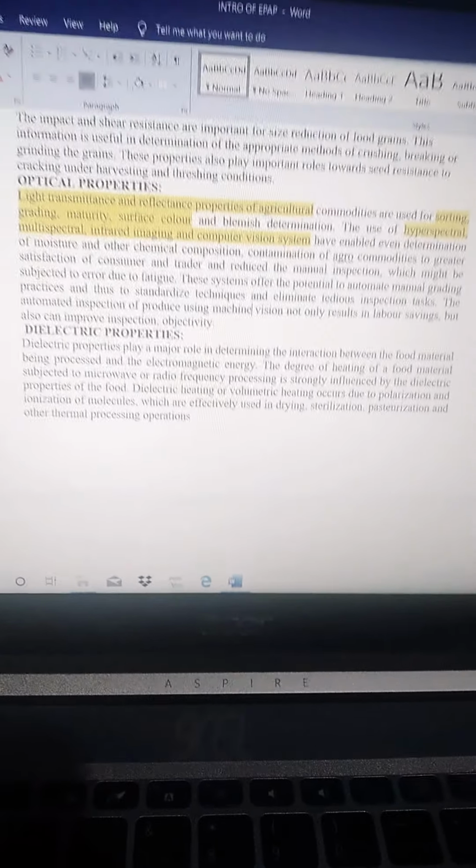For example, if we want to sort this lemon, then these optical properties will check how much part is more green, lesser green, and yellowish.